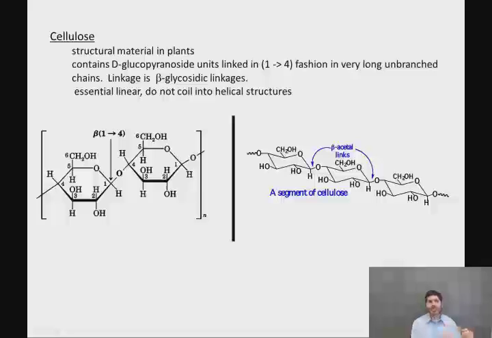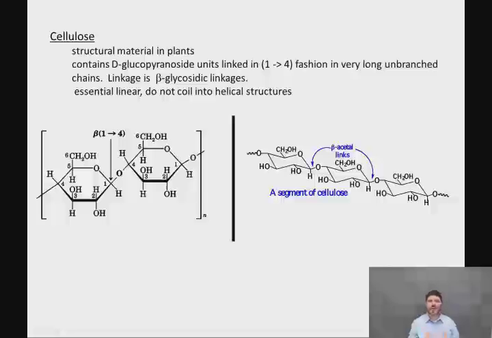We said amylose and amylopectin are broken down for food if the plant should need additional food. Those were linked by alpha-1,4 linkages. Cellulose contains D-glucopyranoside units linked in beta-1,4 fashion, which leads to very, very long unbranched chains.